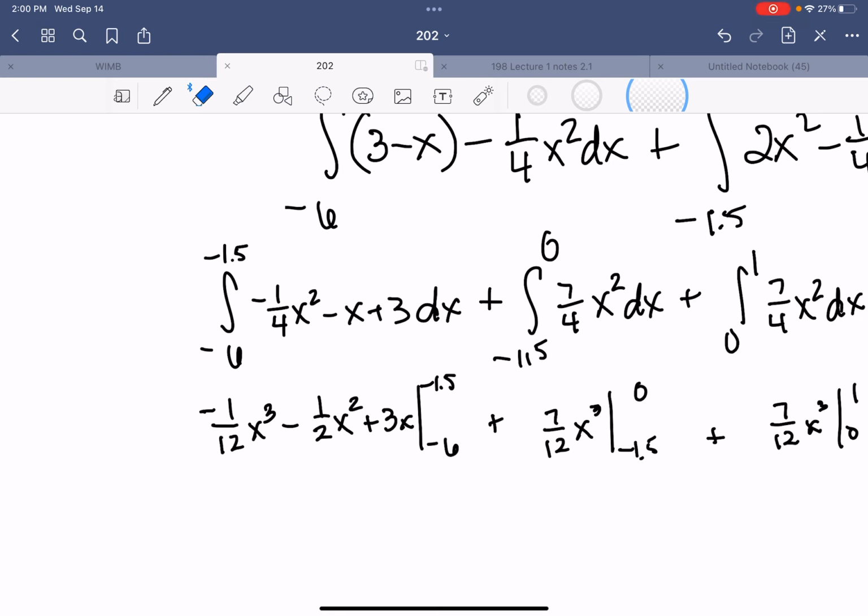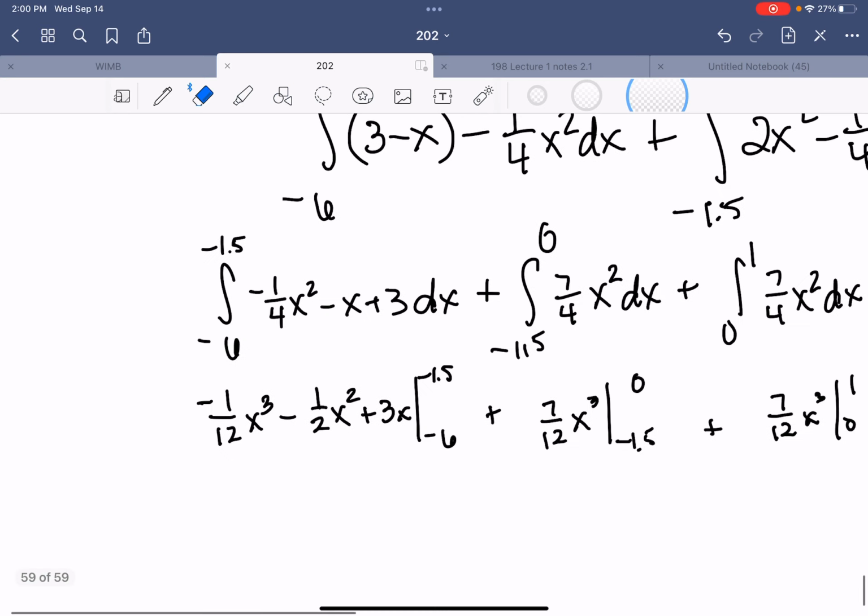Okay, so when I plug in -1.5, I get -171/32 minus, when I plug in 6, hold on 1 second, I did that wrong one more time.